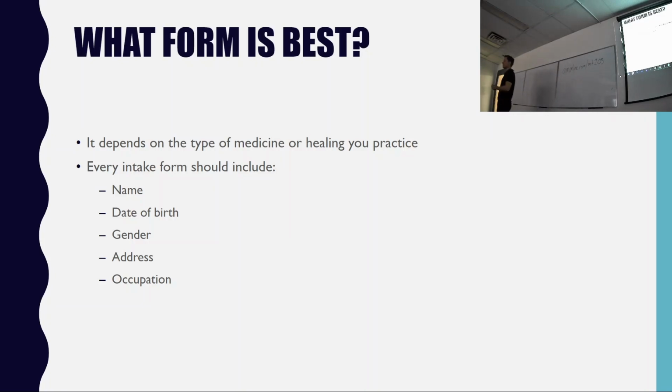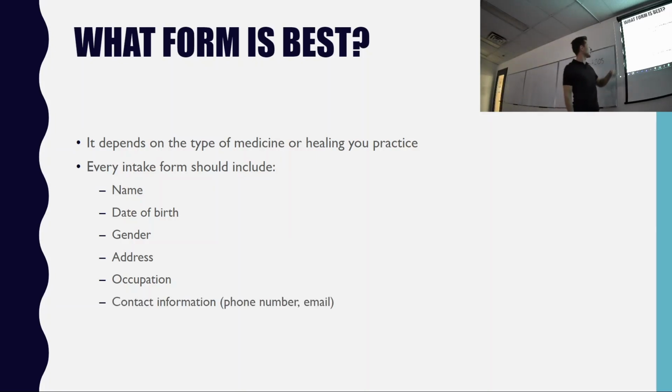Simply knowing their occupation could tell you what the problem is, or almost certainly, more likely. And contact information, phone number, and email, one or both, up to you. I keep in contact with my clients via email, not really via phone, so that's my preference. And an emergency contact, again, that has to be on there as well.